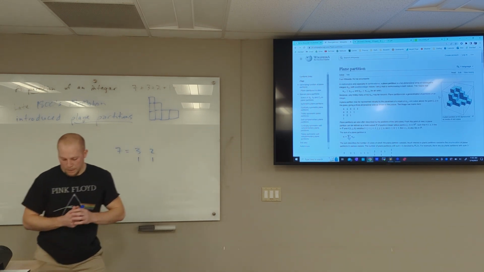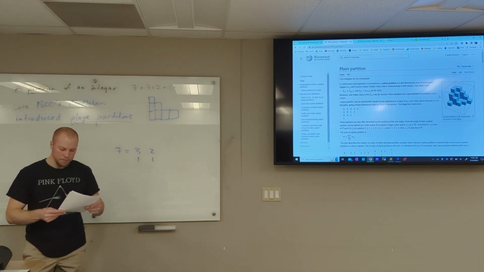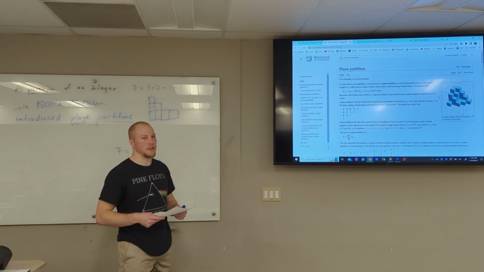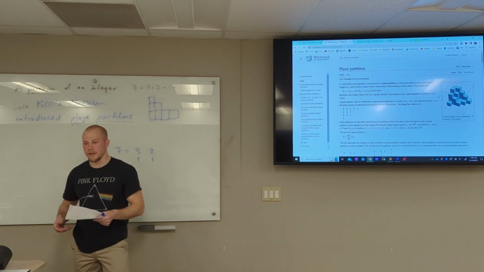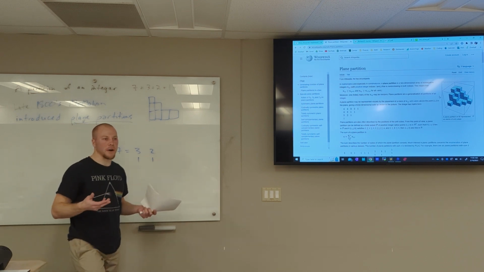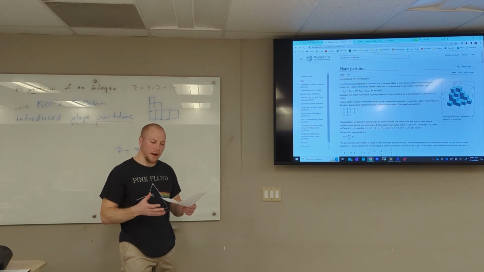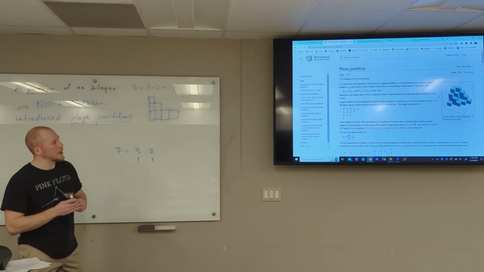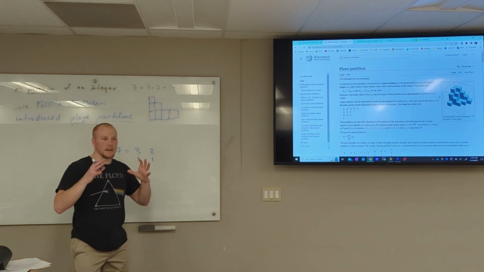I don't know. Okay, so the first question you would ask about these plane partitions is, how do we count them? How many of them are there, and what do those kinds of questions mean? The answer here is we count them by the size of the box that they fit in.